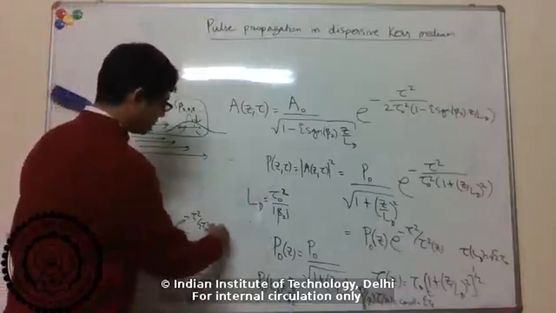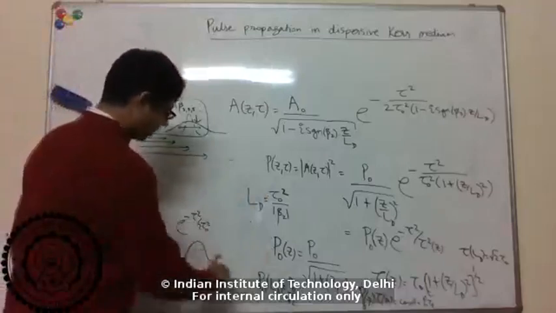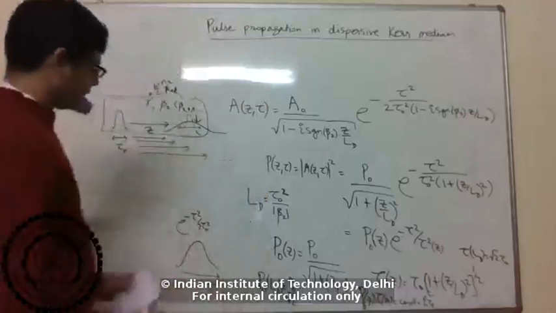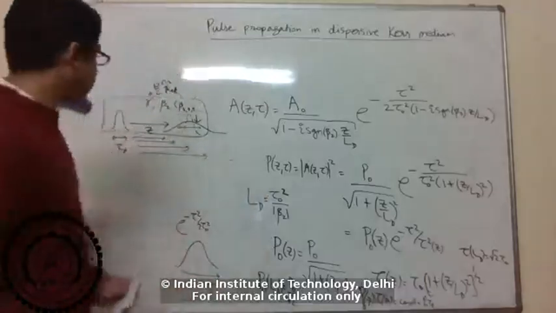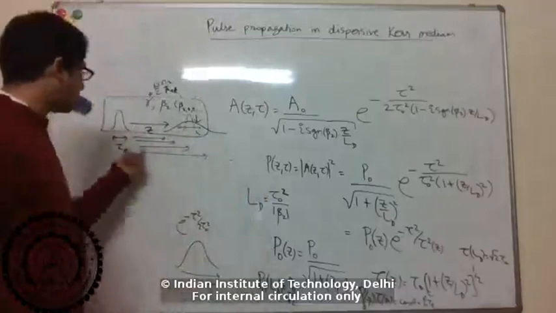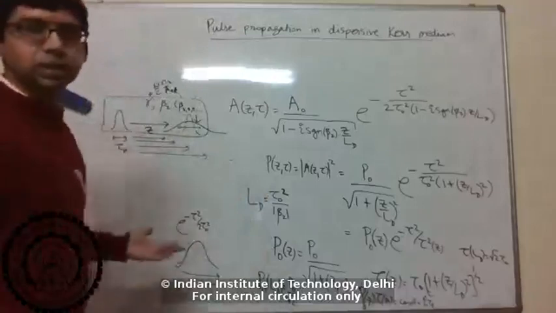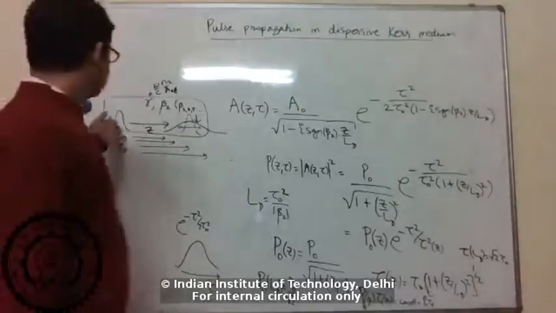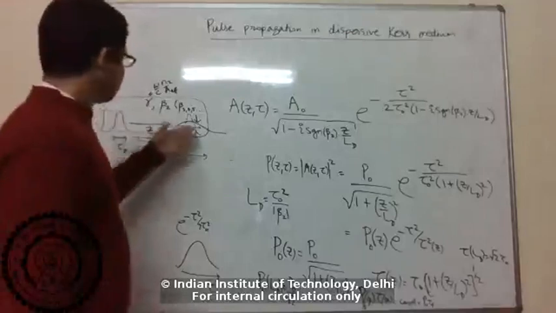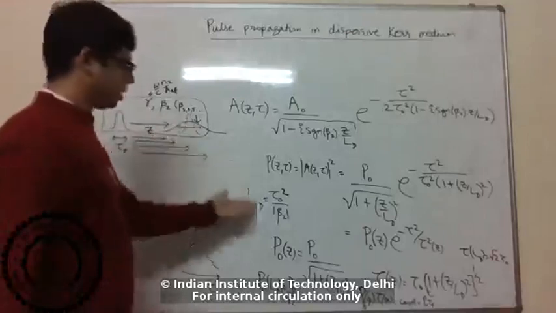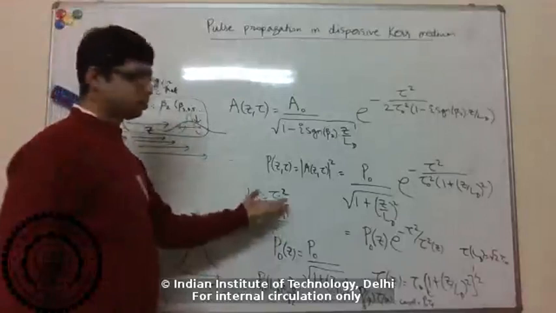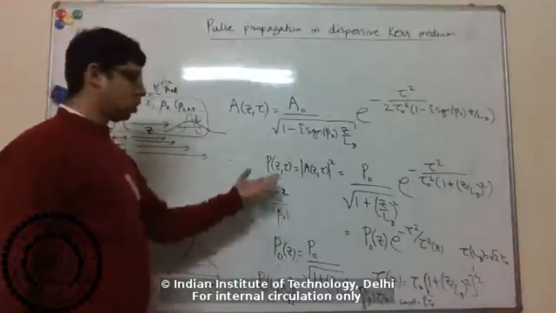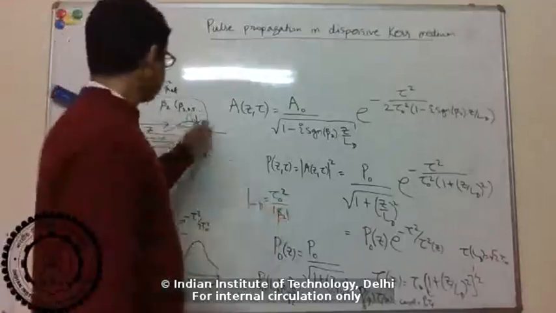It was a constant phase with respect to time. Only the amplitude was changing. Such a pulse is called a transform limited or an unchirped pulse. If you launch such a pulse, it doesn't matter if it's positive or negative dispersion, anomalous or normal, in both cases the pulse spreads.